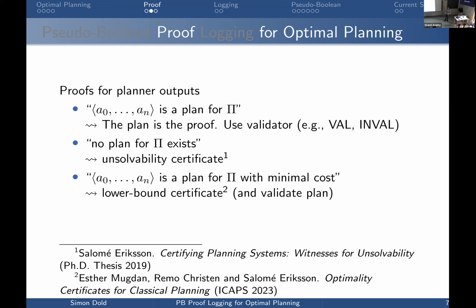So they provided lower bound certificates that say, no plan of cost 10 or less can exist. And if you also provide one plan of cost 11, then you know, okay, that's an optimal plan. And in this work, we are tackling the third bullet point here in a different formalism.